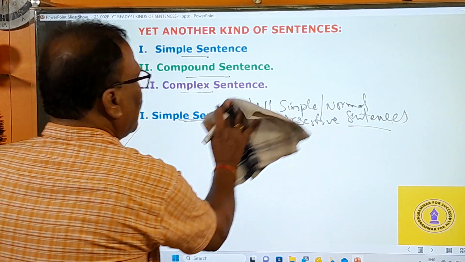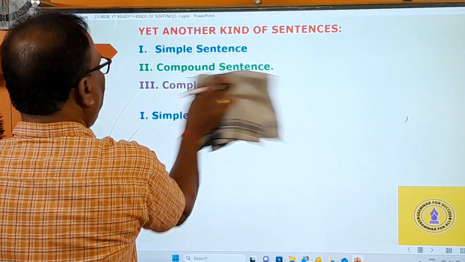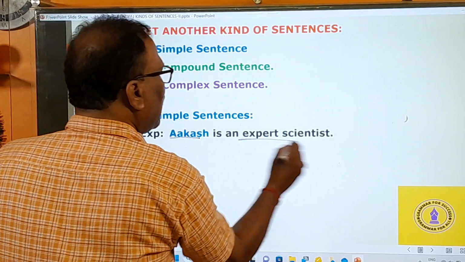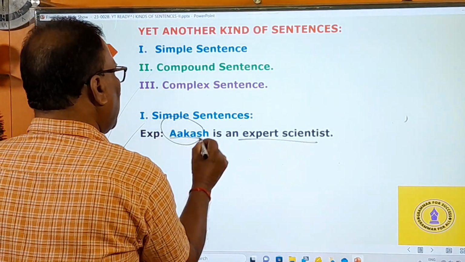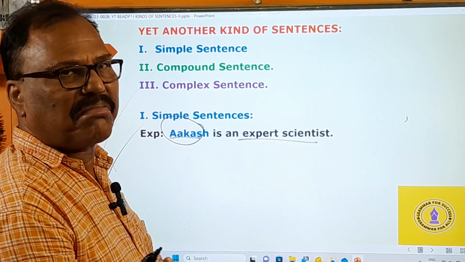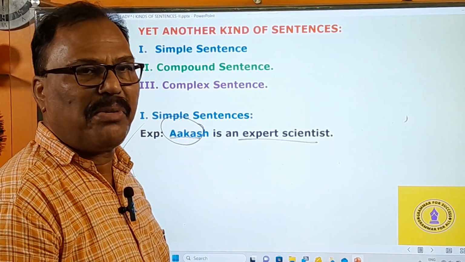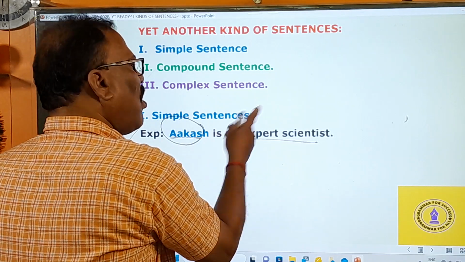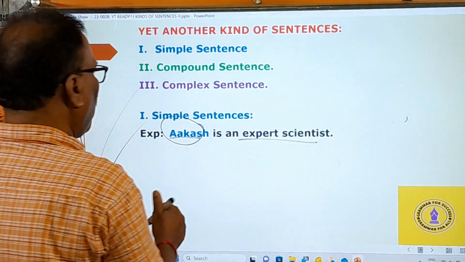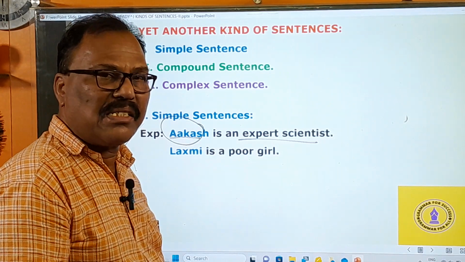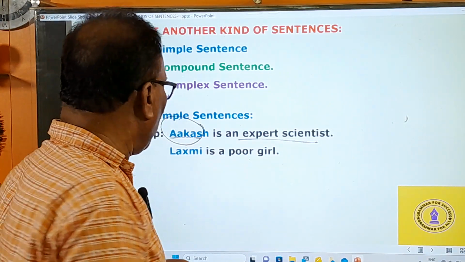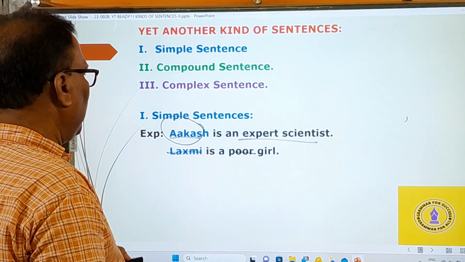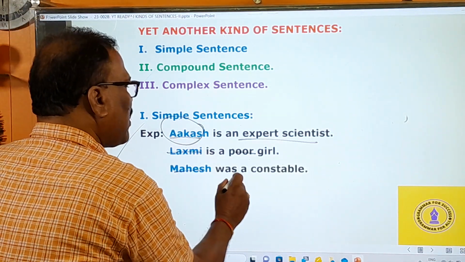And here you see that Akash is an expert. All simple sentences will begin with a subject, and they don't contain either a coordinating conjunction or a subordinating conjunction. I'm going to talk to you about the coordinating conjunctions and the subordinating conjunctions also. And Lakshmi is a poor girl. Mahesh was a constable.